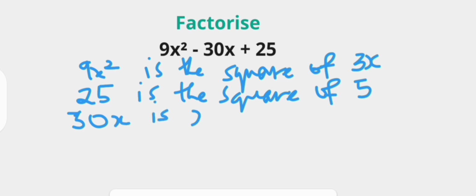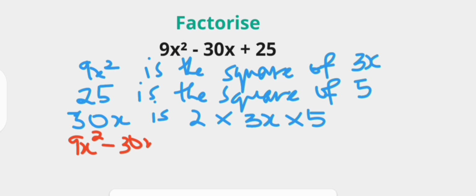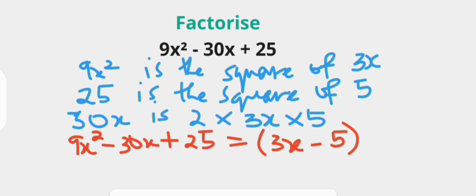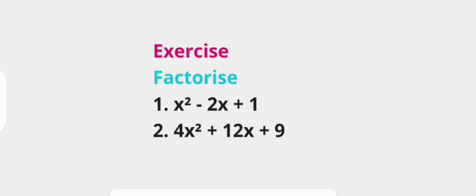This is twice the product of 3x and 5. This also satisfies the condition for perfect squares. So 9x squared minus 30x plus 25 is going to factor out as 3x. Then this time around it is going to be a minus because we have minus before the middle term. 3x minus 5 all squared.